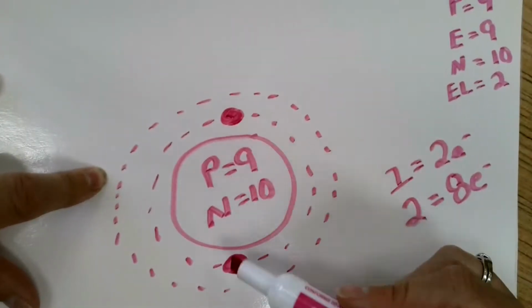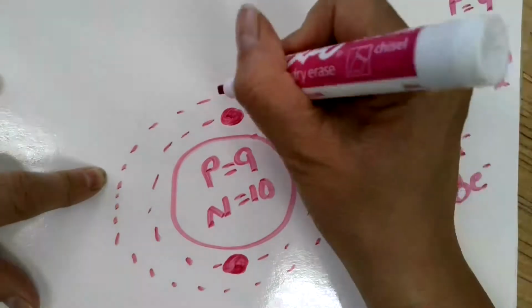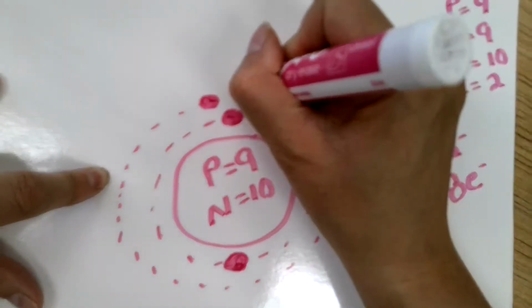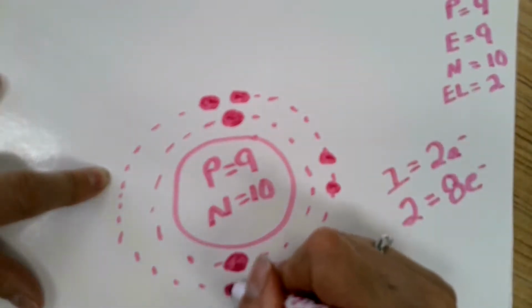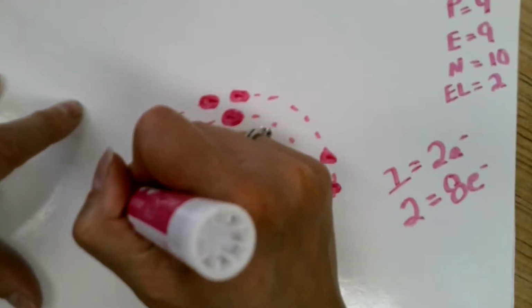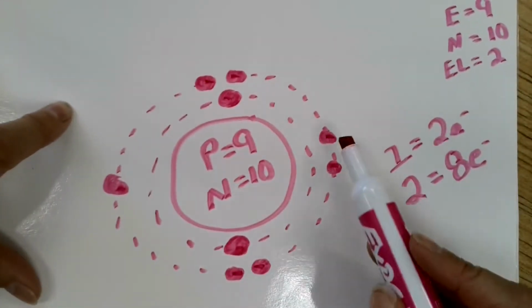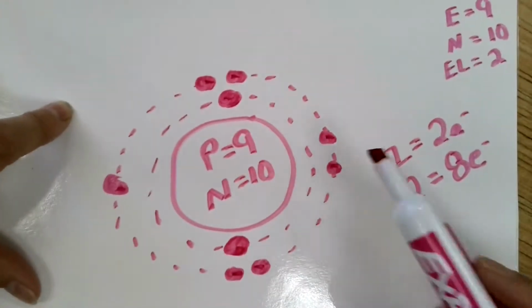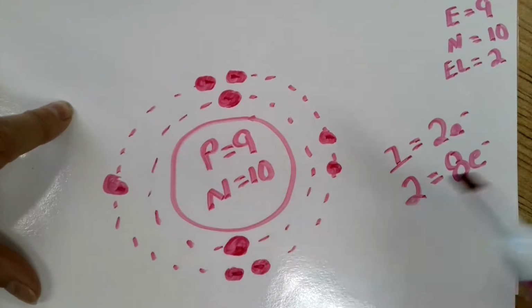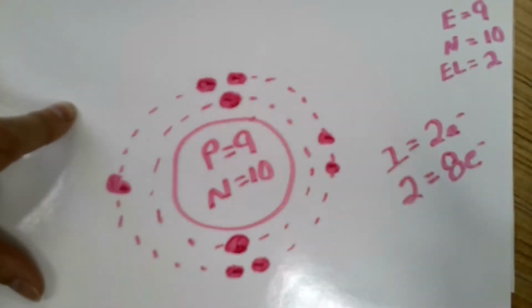I've already placed 2, so 9 minus 2 is 7. So I'm going to do 1, 2, 3, 4, 5, 6, 7 electrons. If you look, I have a total of 9 electrons on my model, 2 in the first energy level and 7 in the second energy level.